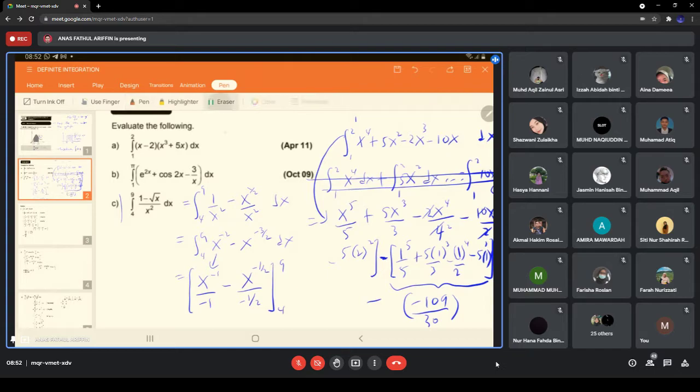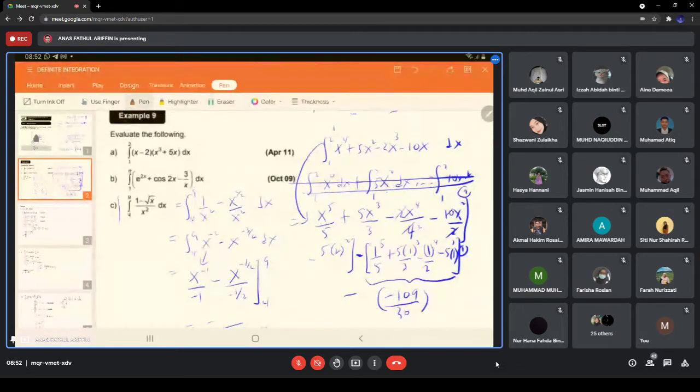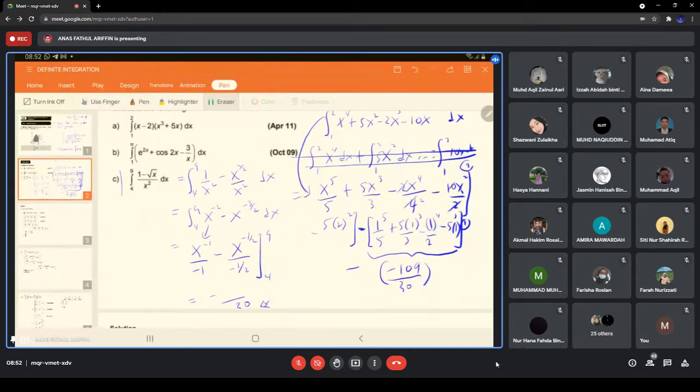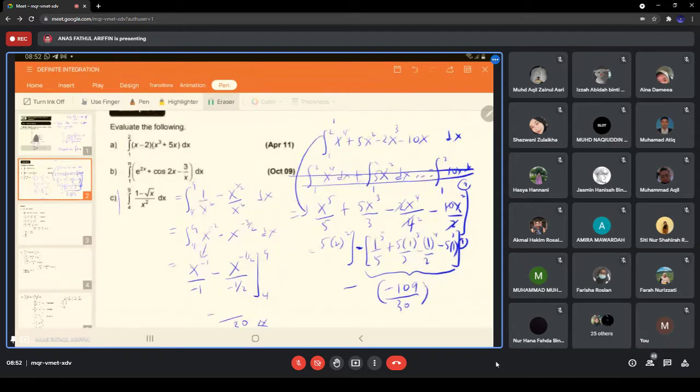Yang bracket ni tak buat apa belakang ni, as long as awak tahu yang dia punya limit tu from 4 to 9. And then we substitute the value of x by the upper limit and the lower limit. Ataupun kita modify dulu bagi nampak kemas sikit.